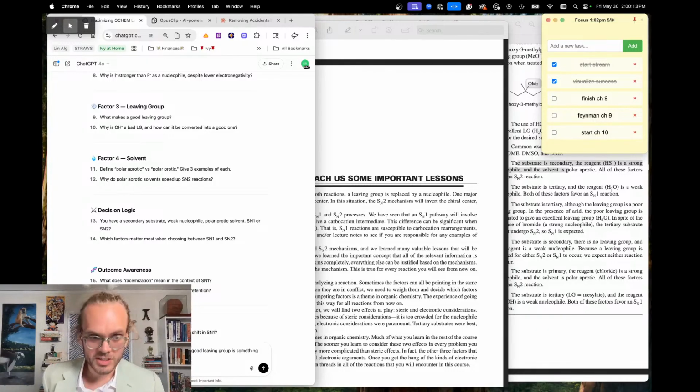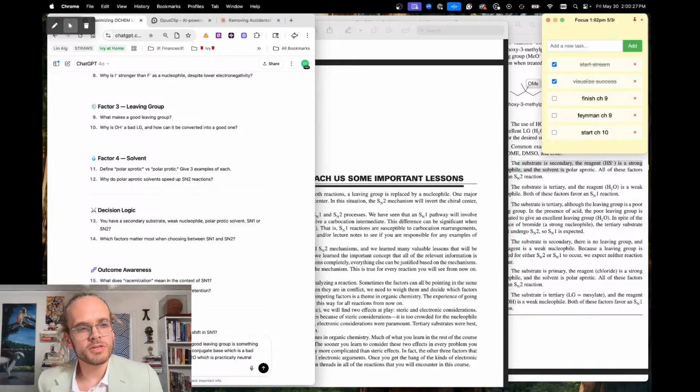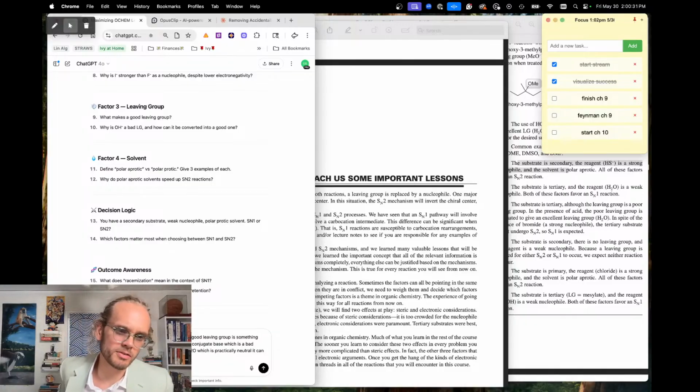So it's a weak conjugate base. OH minus is a bad leaving group because its conjugate acid is H2O, which is practically neutral. It can be converted into a good one, though. I'll explain that. How could OH minus become a good leaving group?